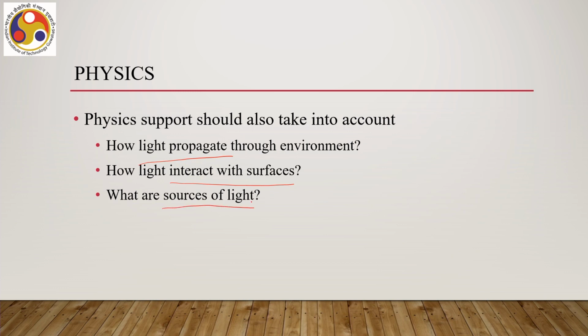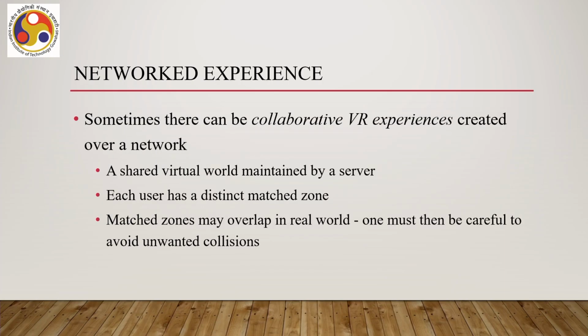Depending on the sources, we can see different types of illumination effects. How do sound and smell propagate, just like light, and so on. So, these are some of the other things that physics support should provide, that is, the virtual world generator should provide such support for replicating what happens in the real world.